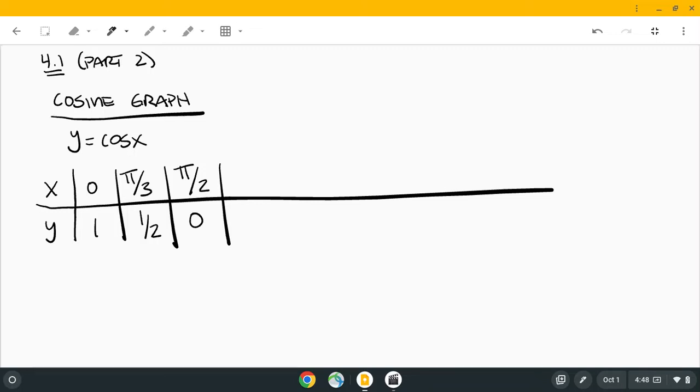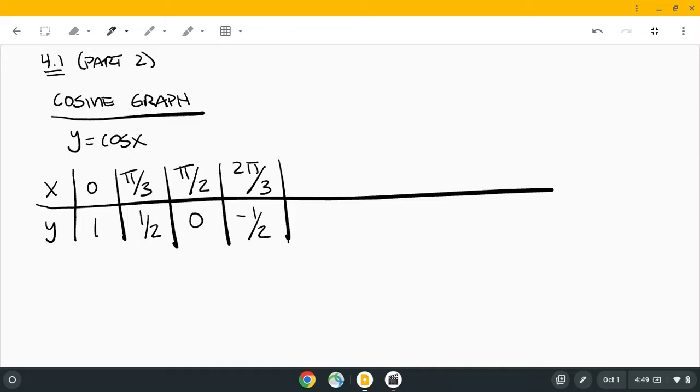And then I want the angle in quadrant 2 that has the reference angle pi/3. So that would be 2 pi/3. Okay. And since I'm in quadrant 2, that will be negative.